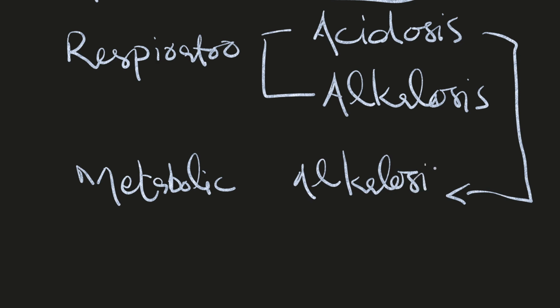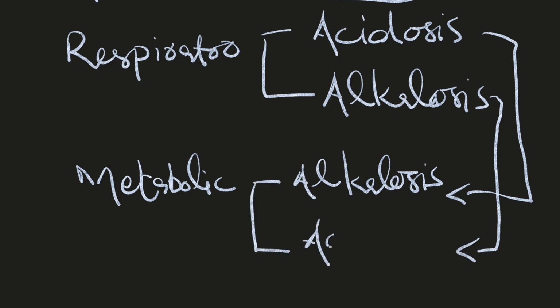It will activate the system in the blood that will try to accumulate the base component that will make the pH go towards the normal side. In the same way, if there is a respiratory alkalosis, the body will activate the system of metabolic acidosis.